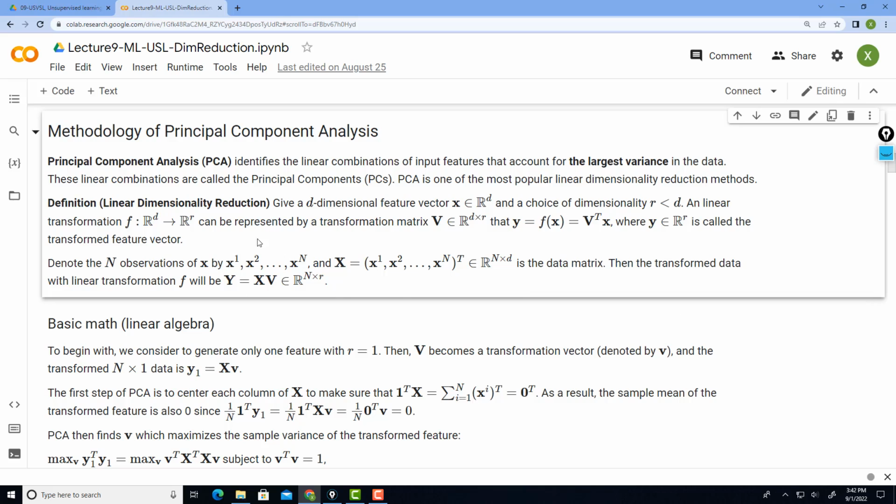Based on that, you can formulate the optimization problem, trying to make sure the variance of the corresponding principal component scores is largest. Then you can solve the optimization formulation and find how you can derive this transformation matrix V.